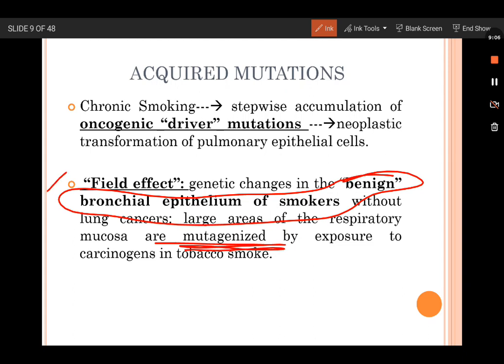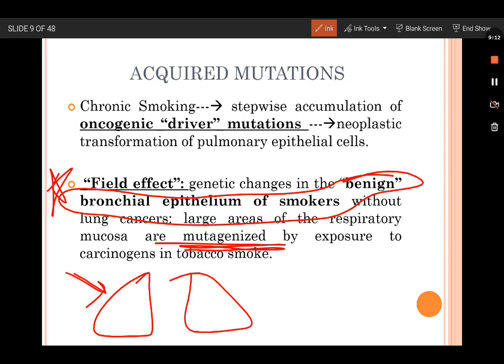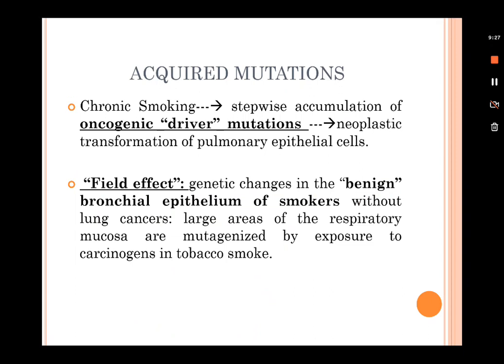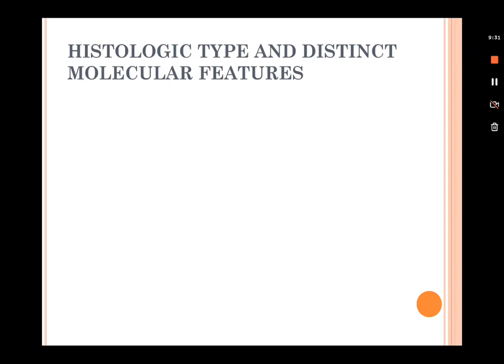This is called field effect. So this is a lung which is exposed to smoking, and this is somebody else who's not exposed to smoking. If it doesn't develop cancer, it will still not be completely normal. I hope you understand what field effect means. Just because it doesn't have cancer doesn't mean it is normal. It still has mutations.